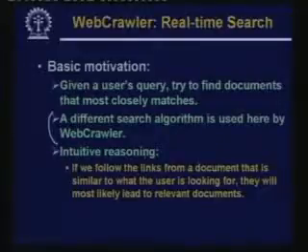The intuitive reasoning of this different search algorithm is as follows. If we follow the links from a document that is similar to what the user is looking for, they will most likely lead to the relevant document.